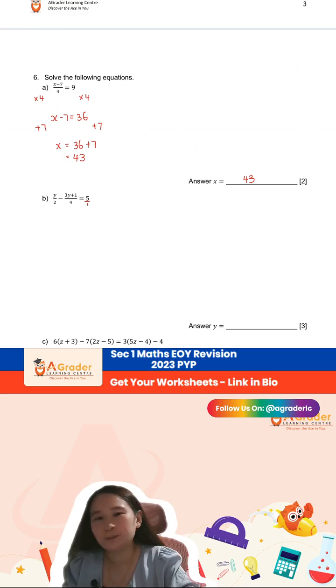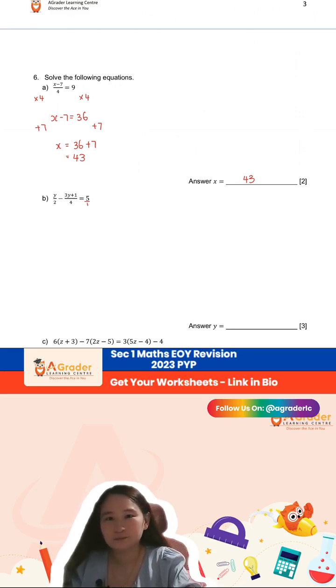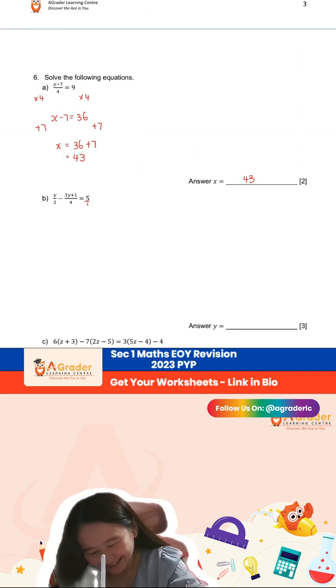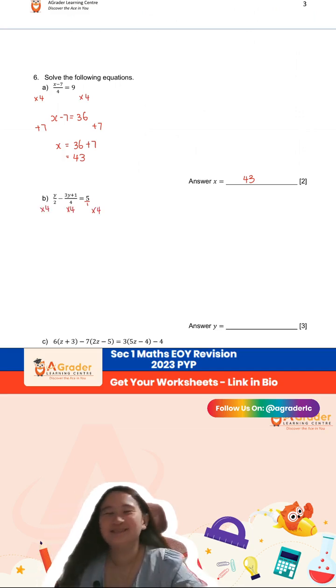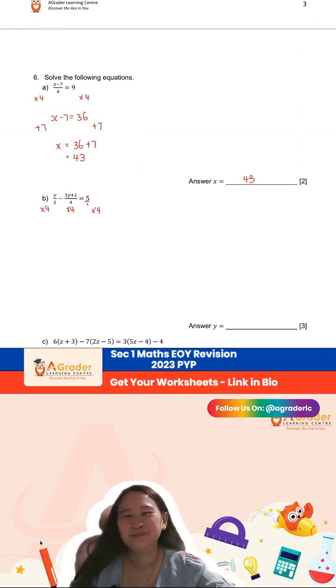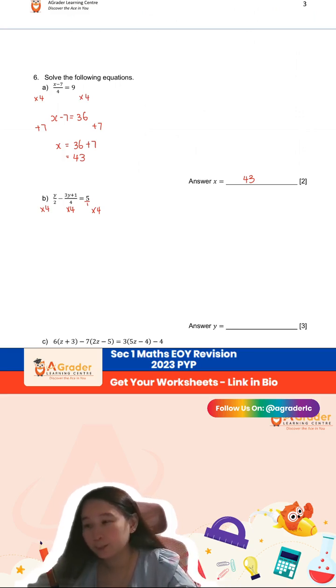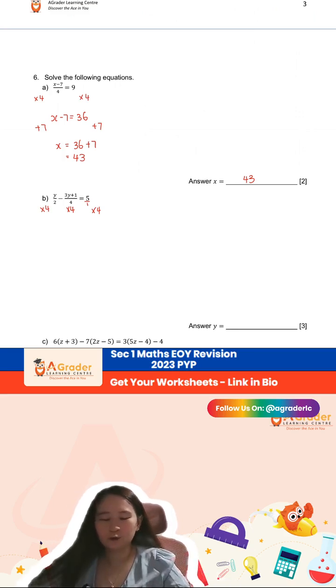Okay, so you multiply by 4. So you multiply by 4 throughout. Okay, so when you multiply by 4 throughout, y over 2 you multiply by 4, divide by 2, divide by 2, you get 2y here.